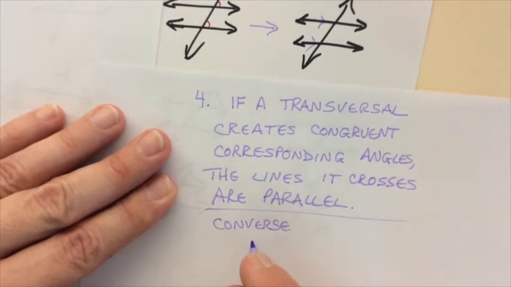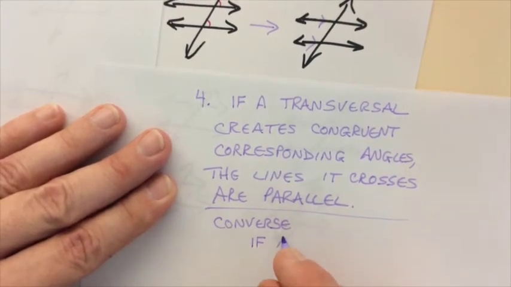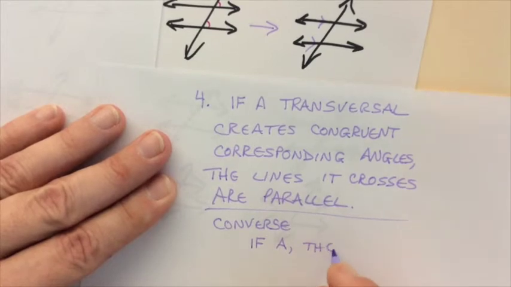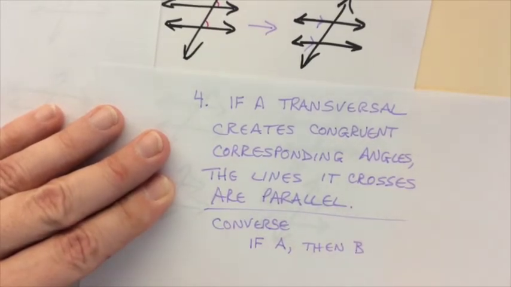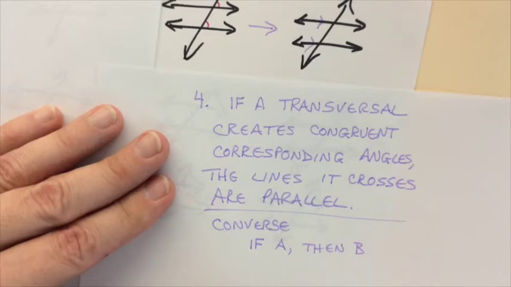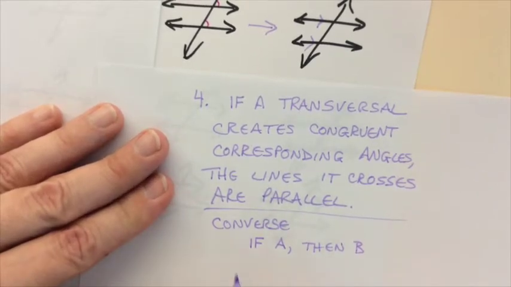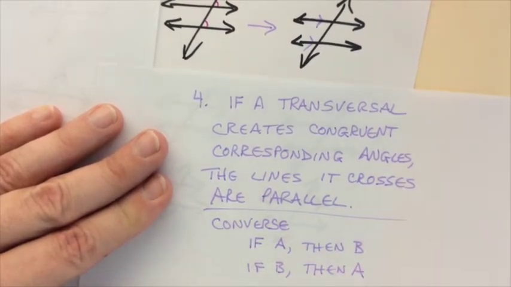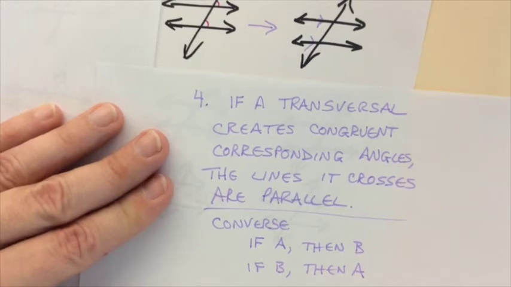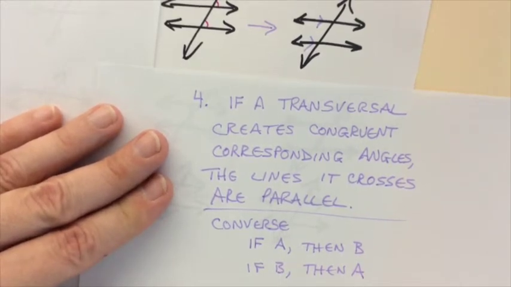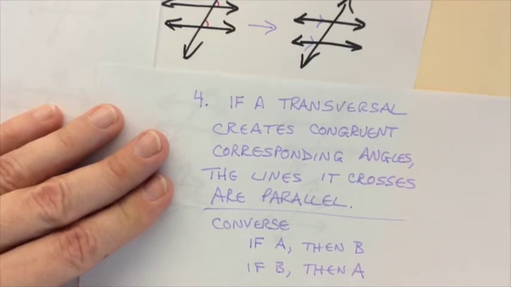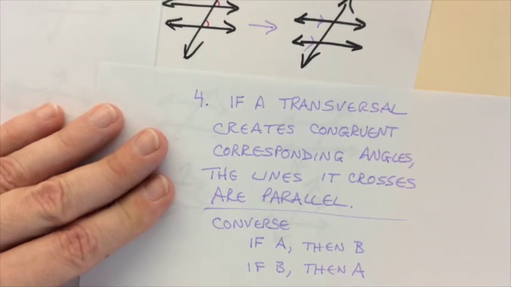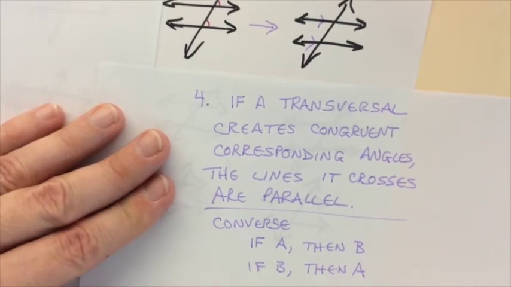Take the sentence, if something, then something else, and switch it around so that what you're saying is, if something else, then something. Those are converses. That's what that's called. Sometimes they're true, like in the case with the parallel lines. Sometimes they're not, like in the case with my umbrella.